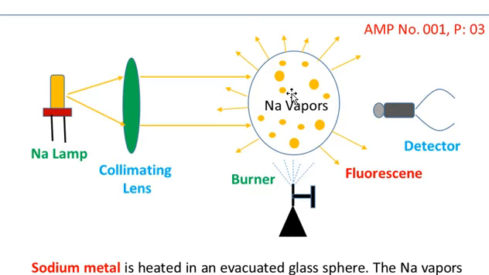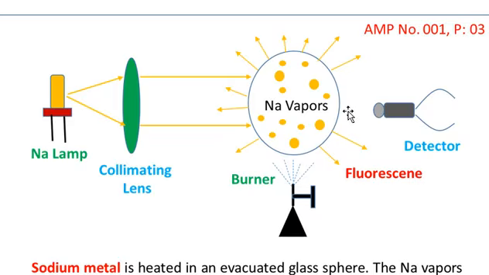These sodium vapors will of course absorb the light incident on the chamber, and the light is emitted in different directions. This is the fluorescence emission: the same wavelength which is absorbed by the sodium vapors is emitted by them in all directions.